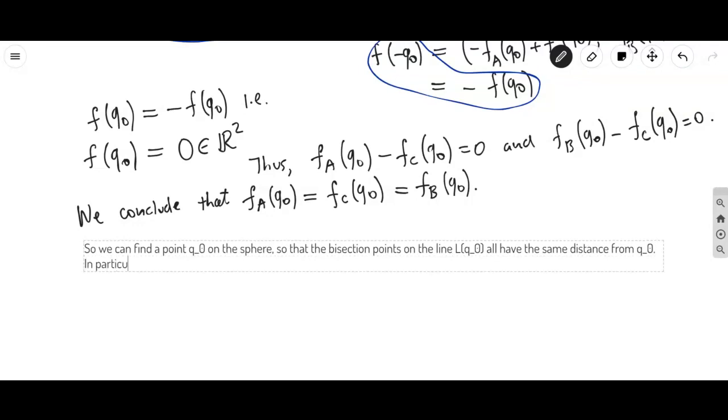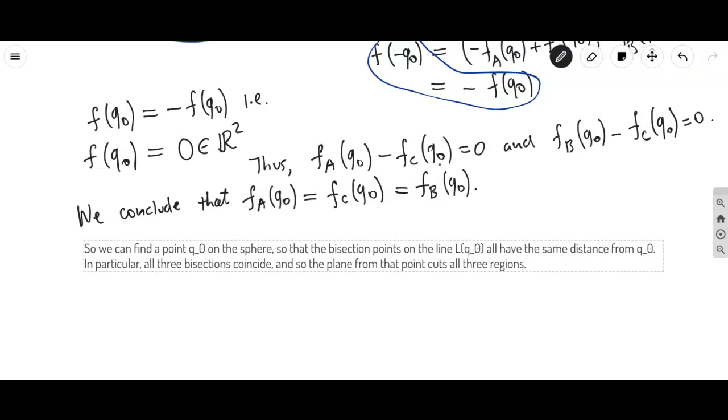In particular, all three bisection points coincide. And so the plane from that point cuts all three regions.